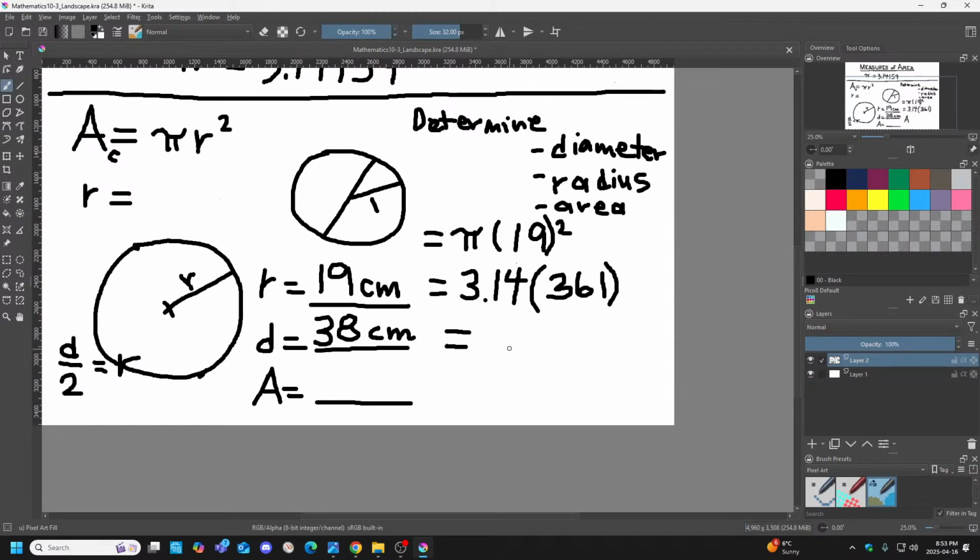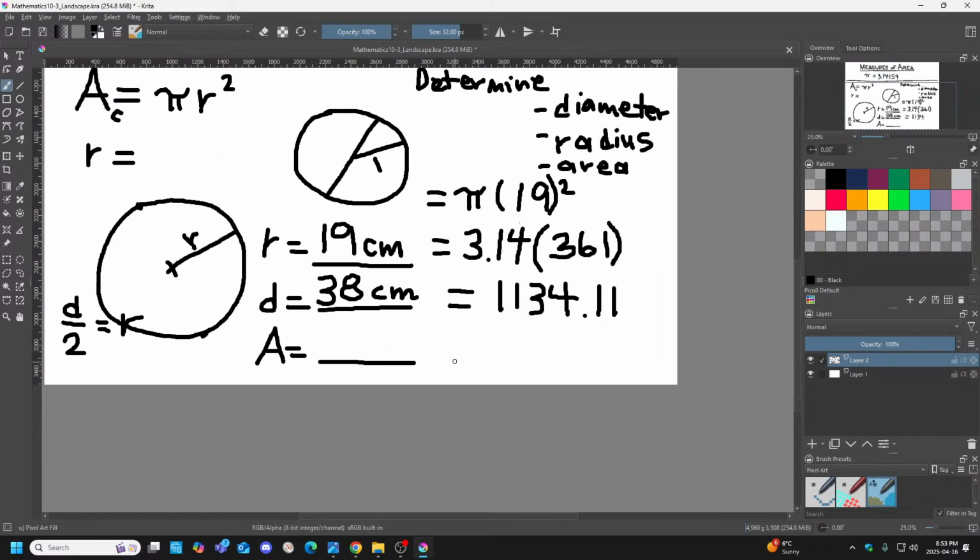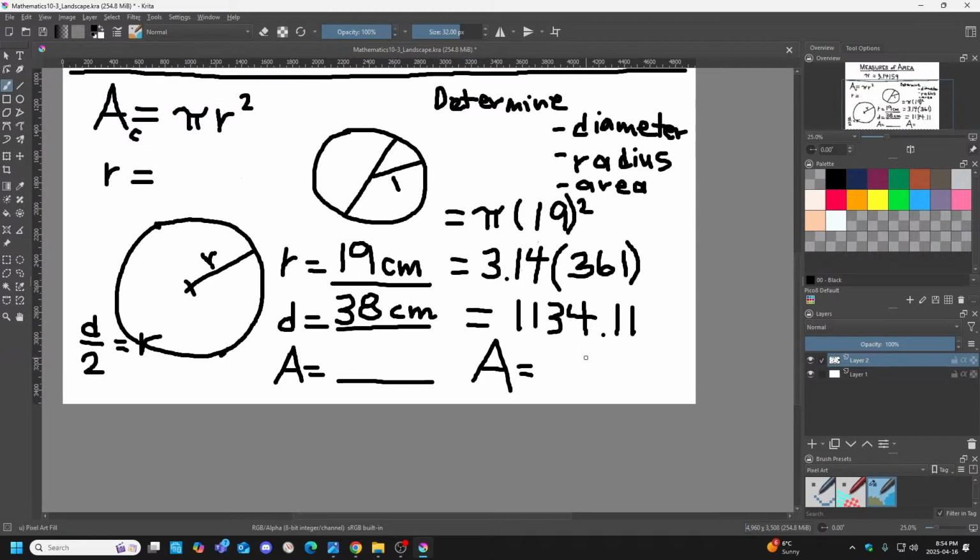I get 1134.11, and we're going to do the same thing. It doesn't ask us on this question what our final answer should be, whether it's ones or tens.